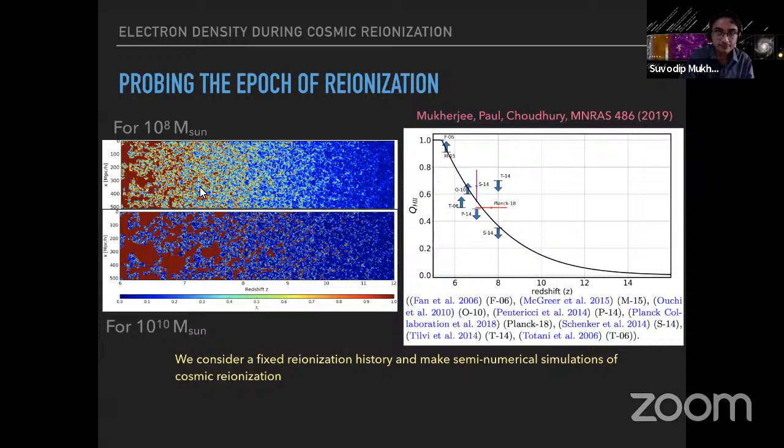And as you can see just by eye, in the snapshot of the simulation with minimum 10⁸ solar mass objects, the bubble sizes, these red patches here, are slightly smaller in comparison to the patches you would expect for a reionization driven by 10¹⁰ solar mass objects, which is significantly larger.